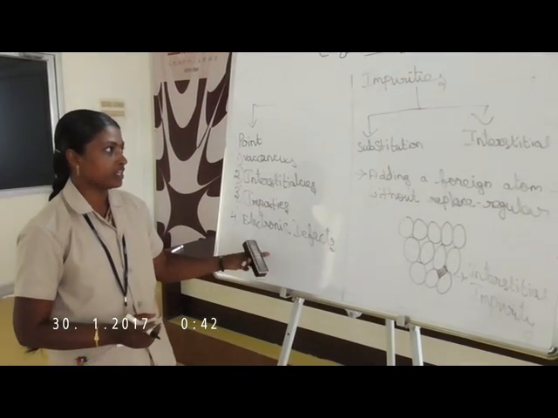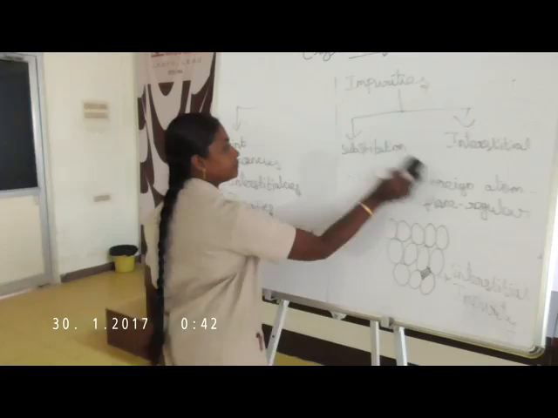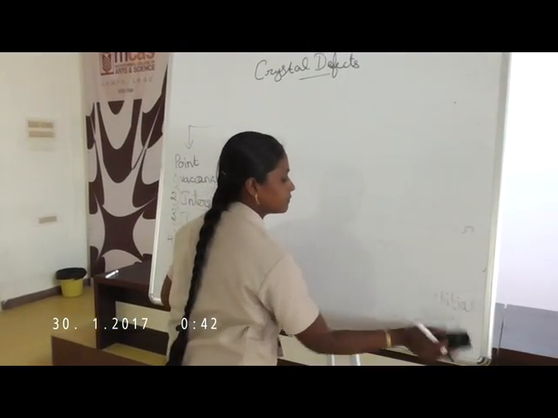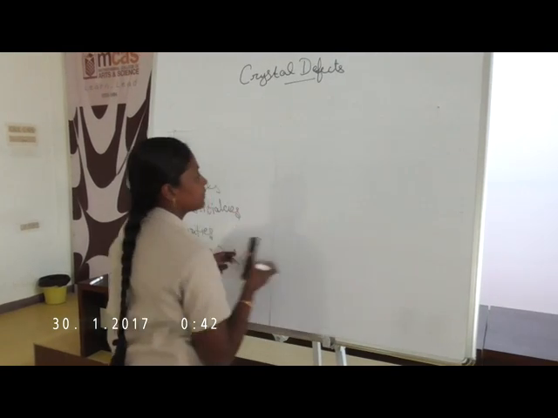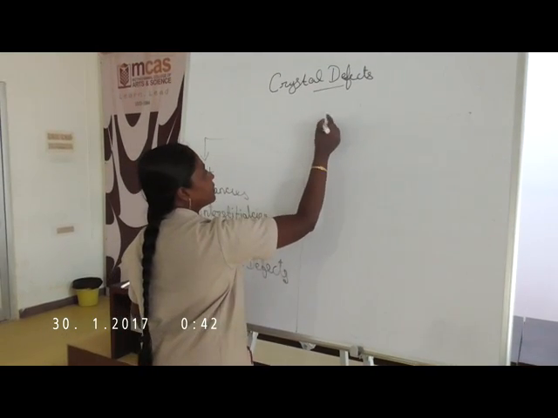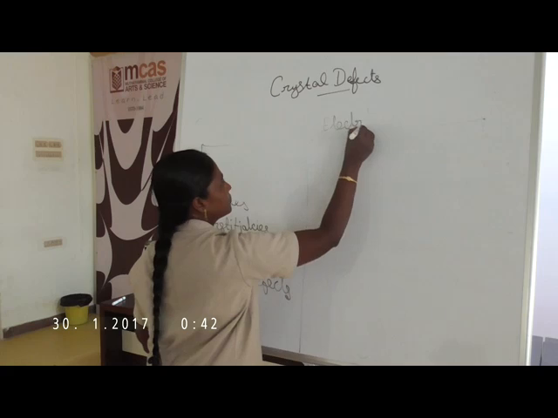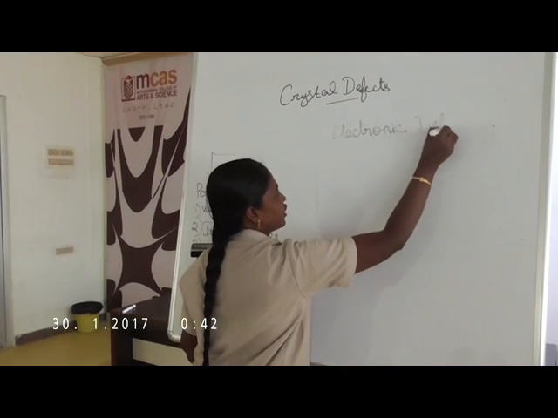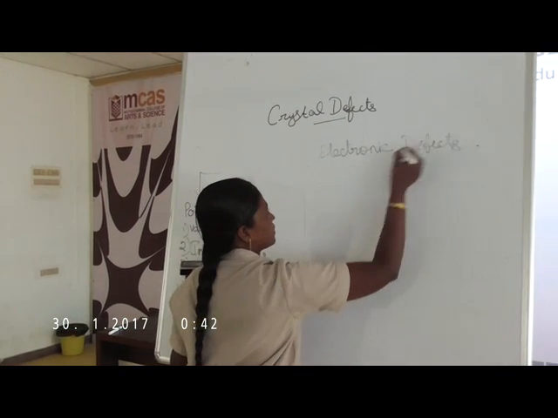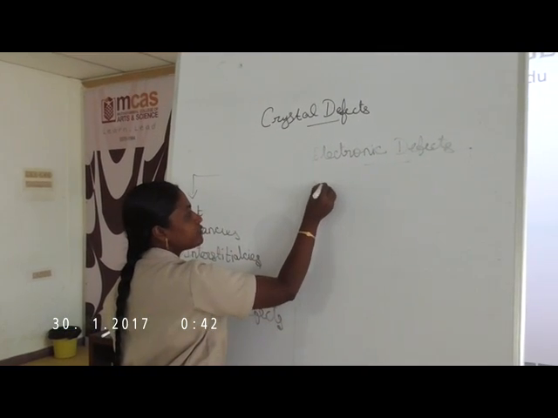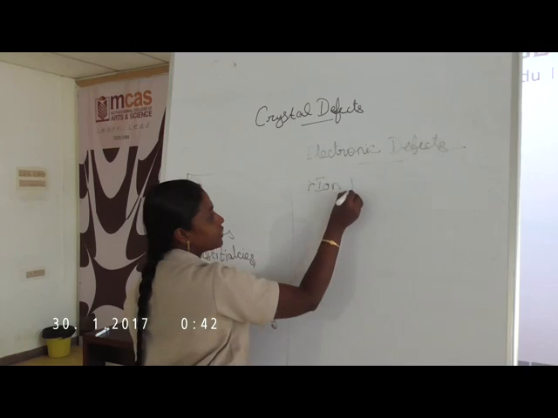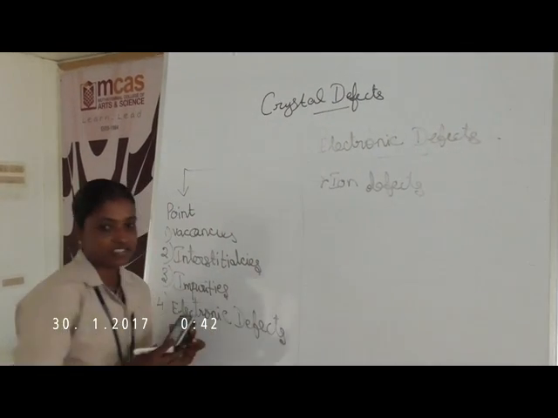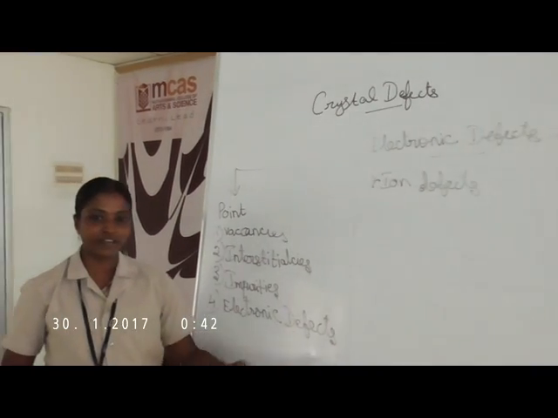Next one, electronic defects. Ion defects in a crystal are called electronic defects.